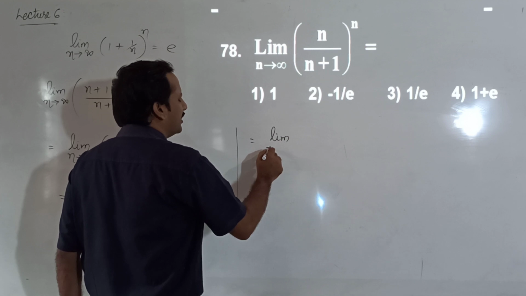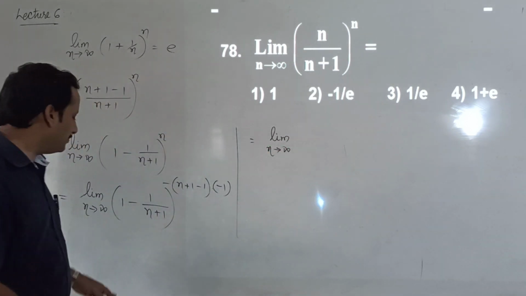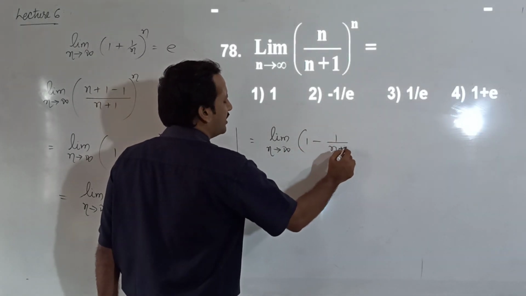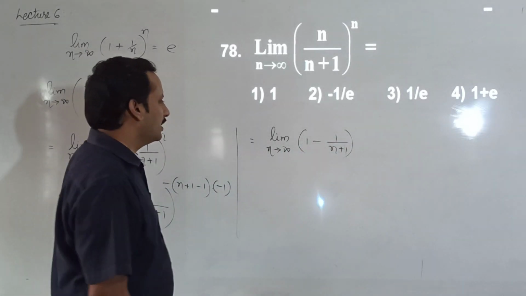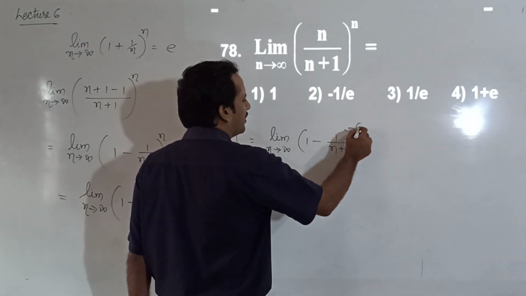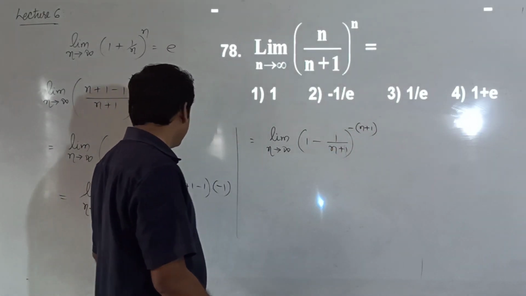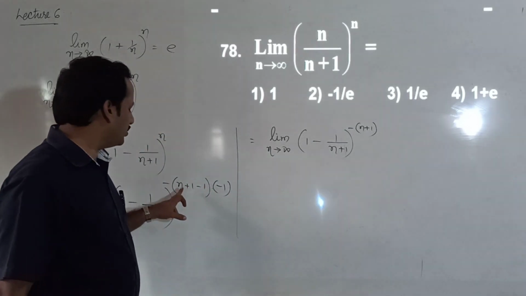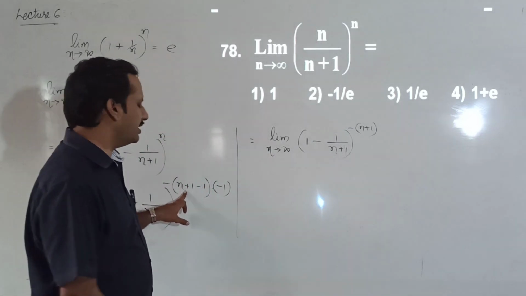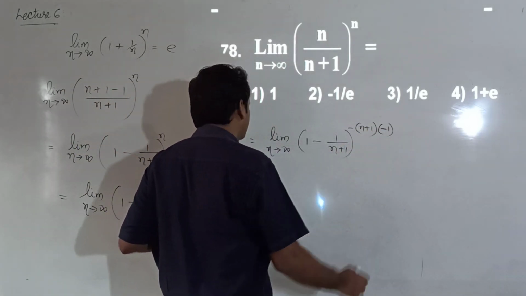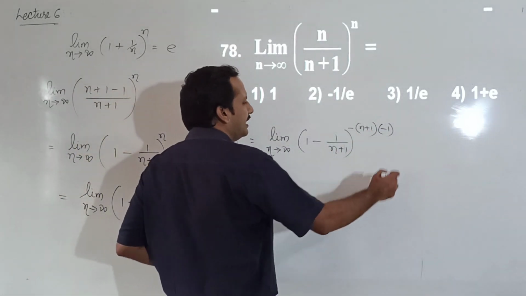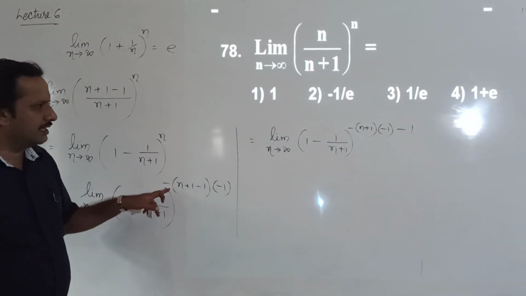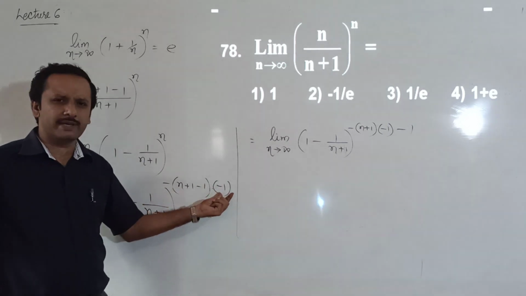limit n tends to infinity, 1 minus 1 by n plus 1 whole power minus of n plus 1 into minus 1, minus 1. See here, minus of n plus 1 into minus 1.